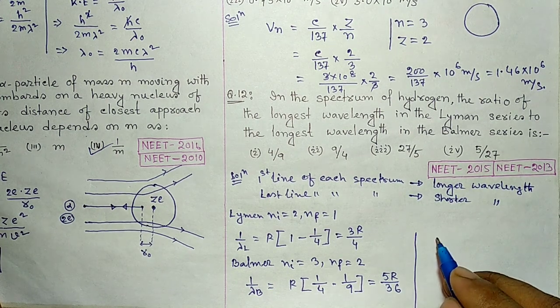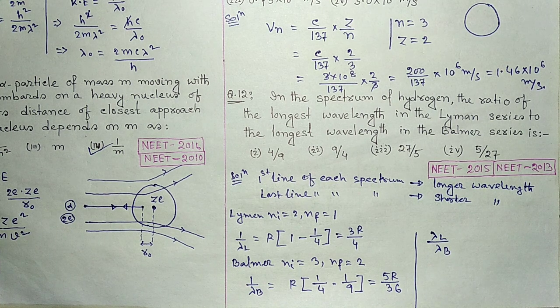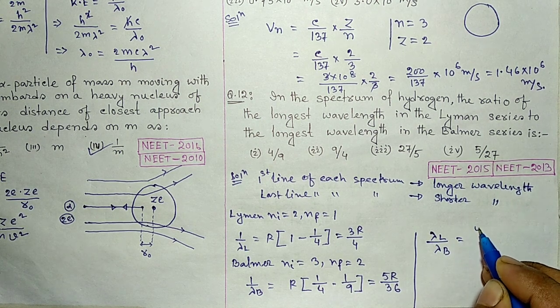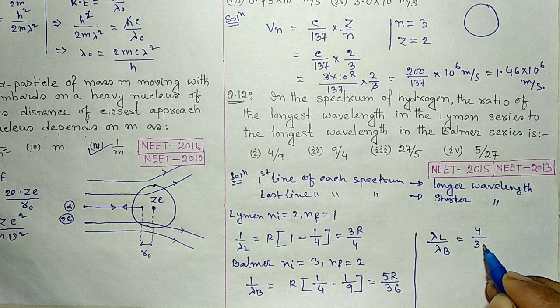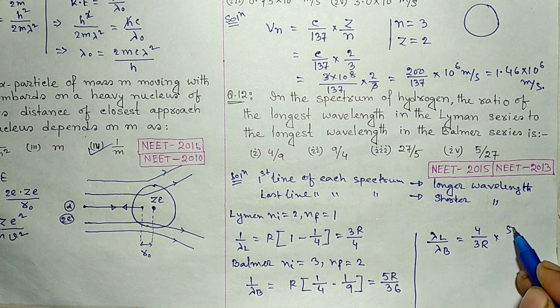Now we find lambda L divided by lambda b. Lambda L is 4 by 3R, into 1 by lambda b, which is 5R divided by 36.